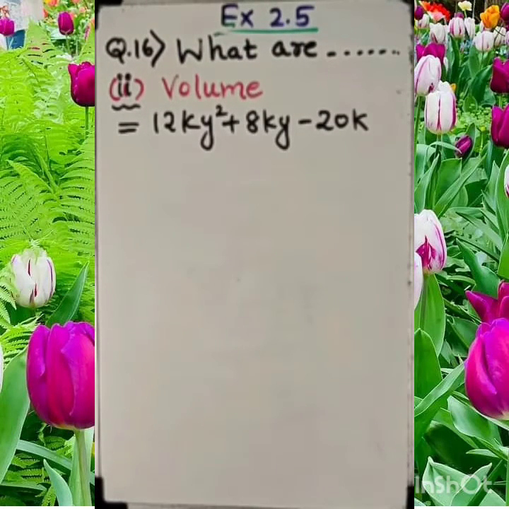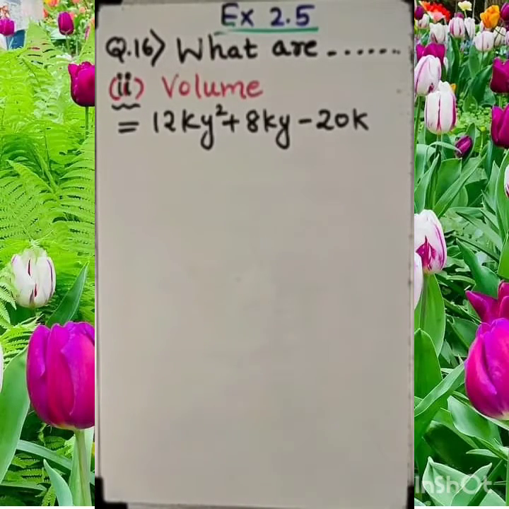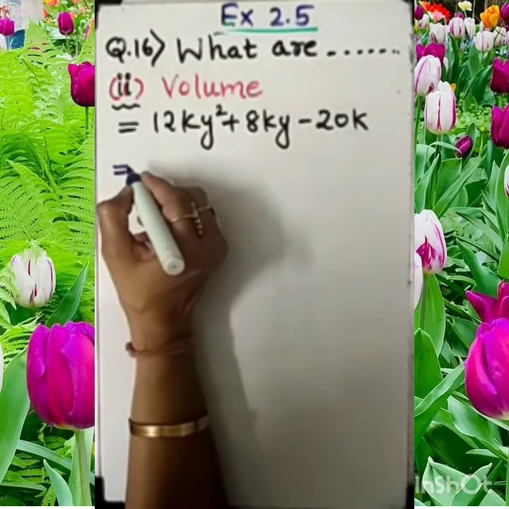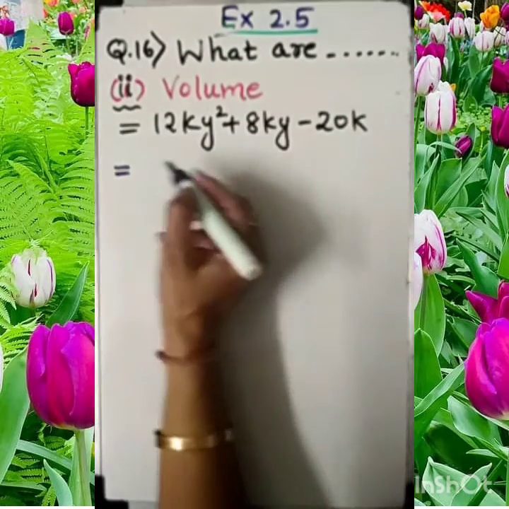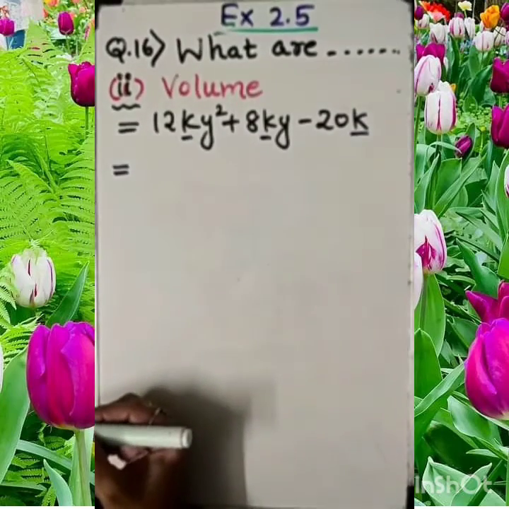My dear student, here is the second part of question number 16. The volume we are given is 12ky square plus 8ky minus 20k. So let's find its factors. First of all, we need to pick out something common. You can see k is present all the way.